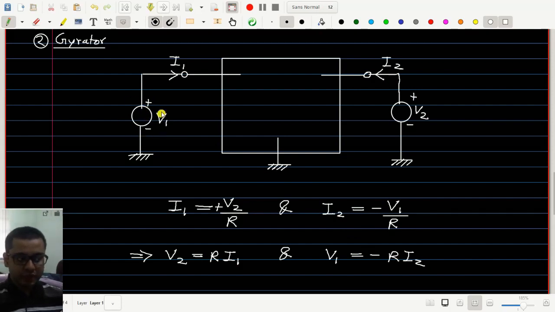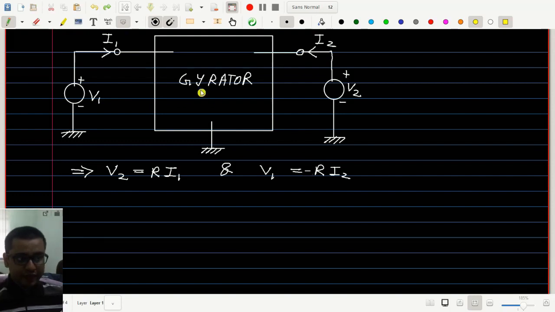So V1 depends on I2 and V2 depends on I1.